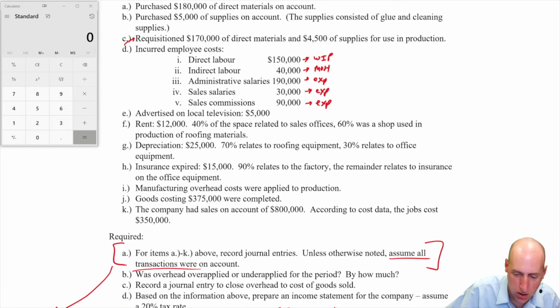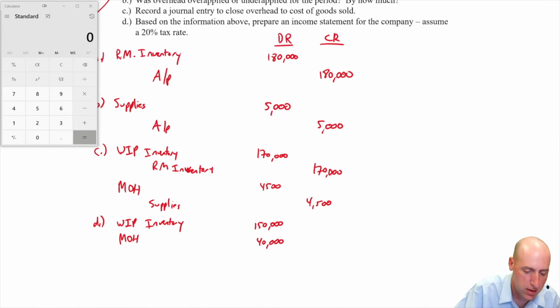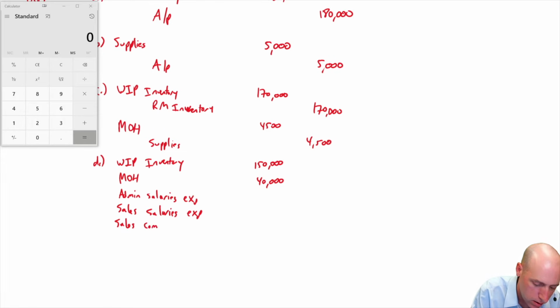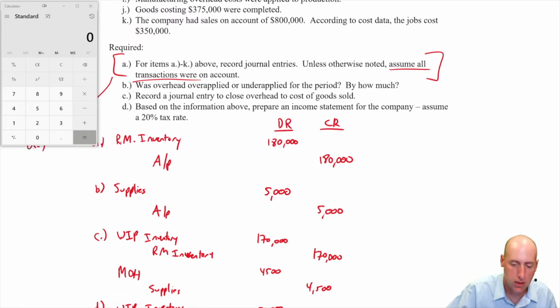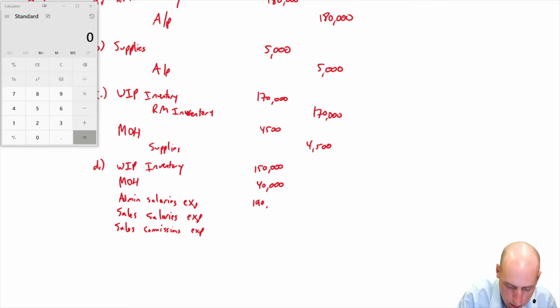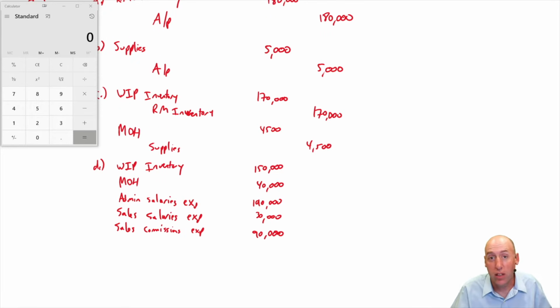The rest are expenses: admin salaries expense, sales salaries expense, and sales commissions expense. Okay, so let's get those amounts. 190, 30, and 90. And there we have our expenses recorded.